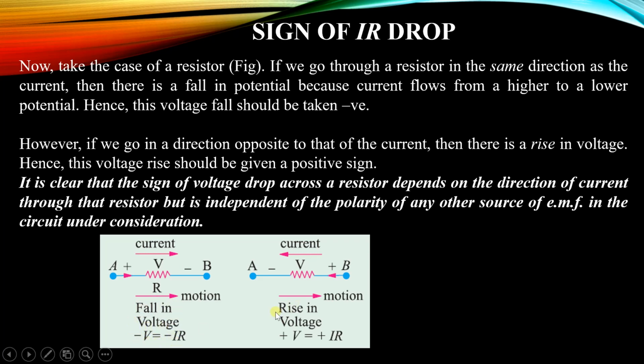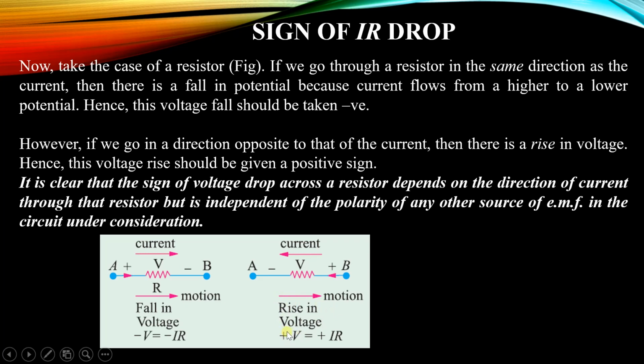And if we go in a direction opposite to that of the current, then there is a rise in voltage. Hence, this voltage rise should be given a positive sign. As shown in this figure, the current direction is opposite to that of the voltage between the terminals A and B. So this is called a rise in voltage and here we have the positive sign.